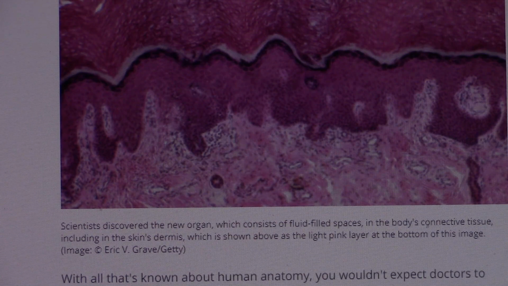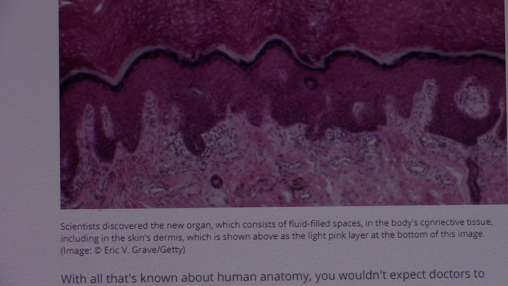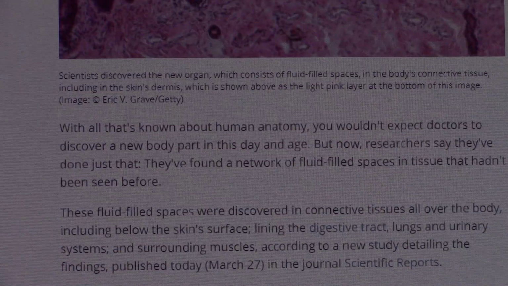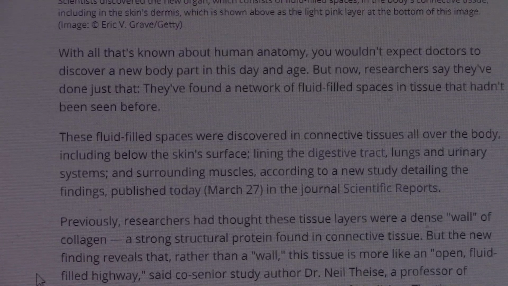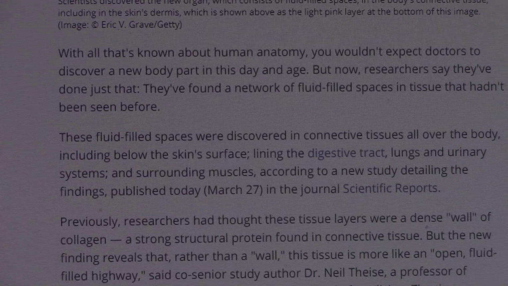According to a new study detailing the findings published today, March 27th, and so on. Previously, researchers had thought these tissue layers were a dense wall of collagen, a strong structural protein found in connective tissue. But the new findings reveal that rather than a wall, this tissue is more like an open fluid-filled highway.